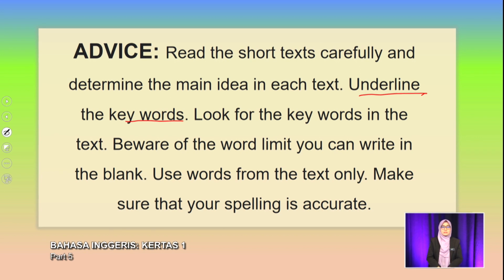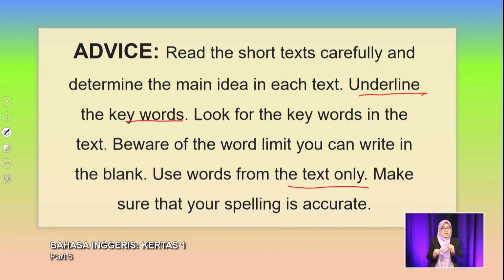However, you have to beware of the word limit you can write in the blank. For the second task for part 5, there is a word limit that pupils need to follow. So use words from the text only.